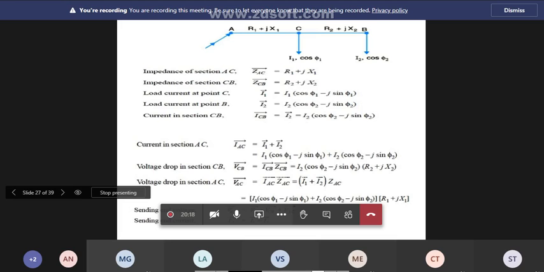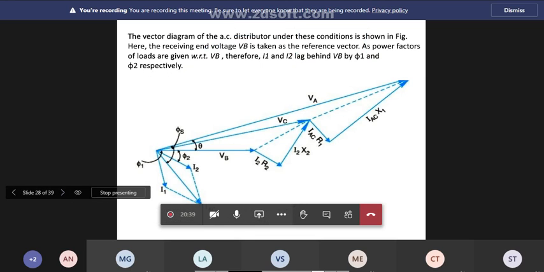Now the sending end voltage: VAC plus VCB plus VB, right? Like that you have to determine the voltage drop of each section or every consumer. And see the vector diagram.